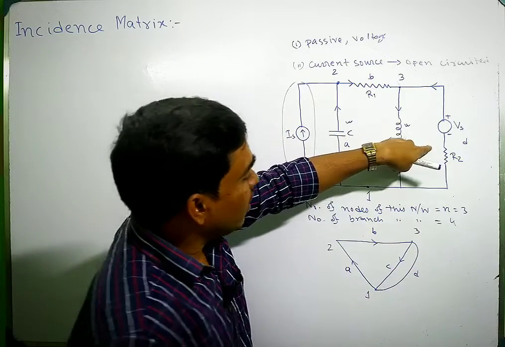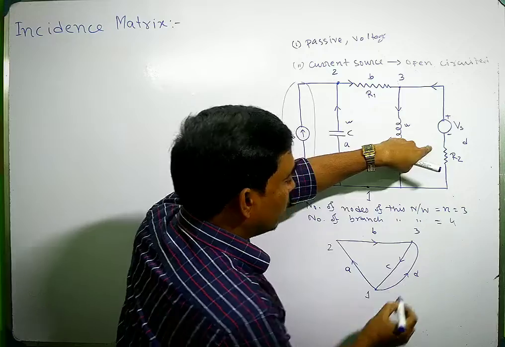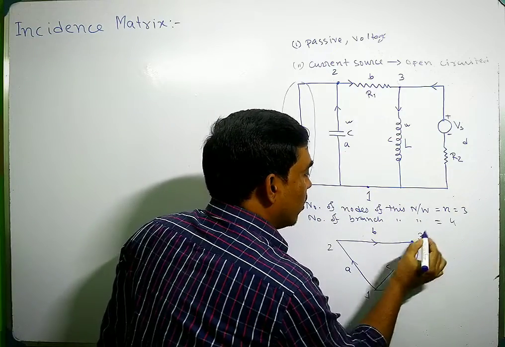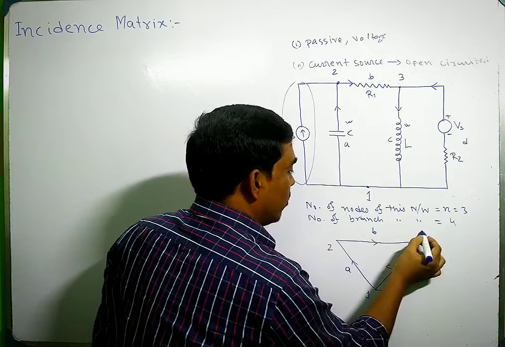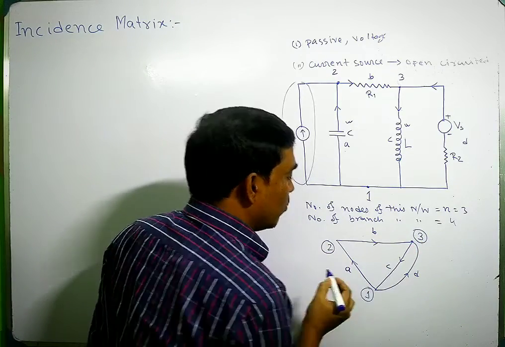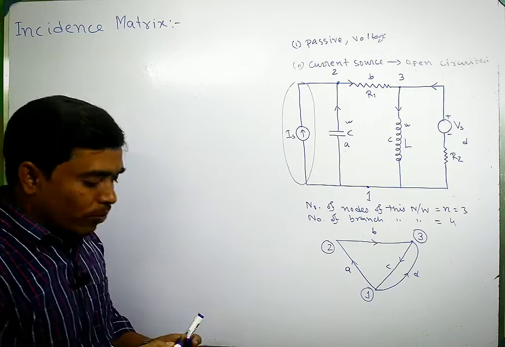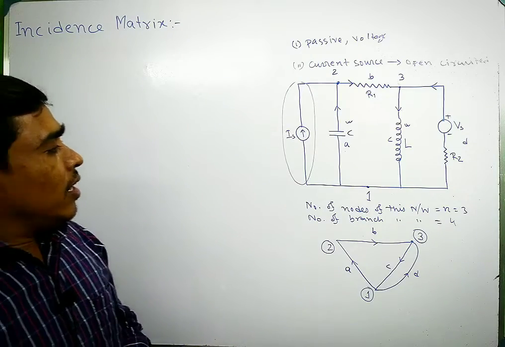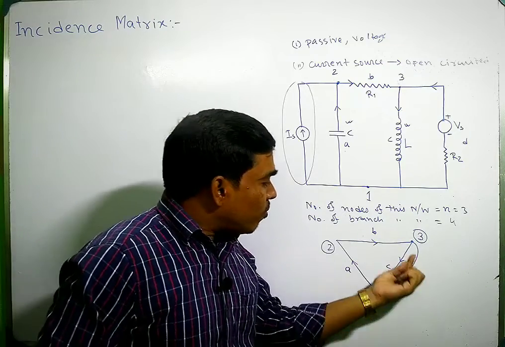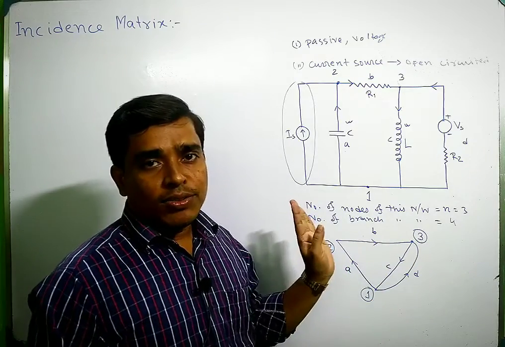This is node 3, this is node 2, and this is node 1. Here I have shown the direction of current through each branch.